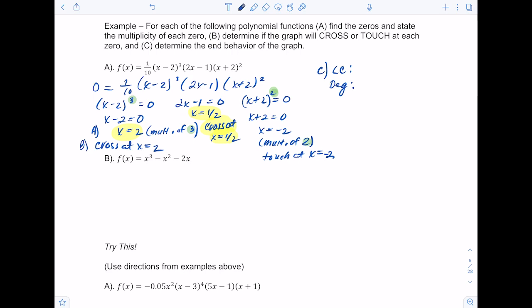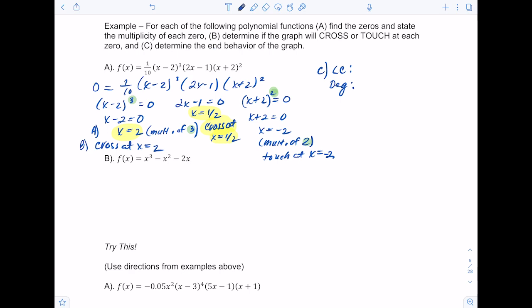So my leading coefficient here, right, I would have a 1/10, then a 2x and an x. So if you multiply them, you would get 2/10, and then it would be x to the 6th power, because you have an x cubed, an x to the 1st, and an x squared. So if I add those, I get x to the 6th.